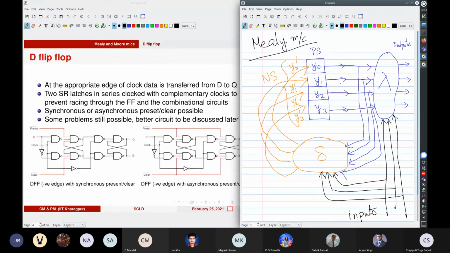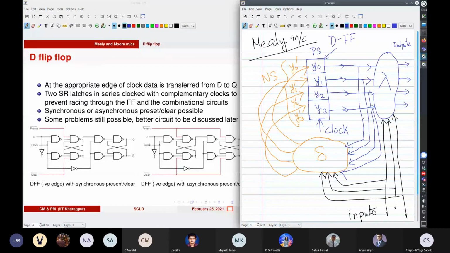These are storing your present state, and these are often called D flip-flops. These D flip-flops just store your present state, and in case of a synchronous machine, you have a clock.